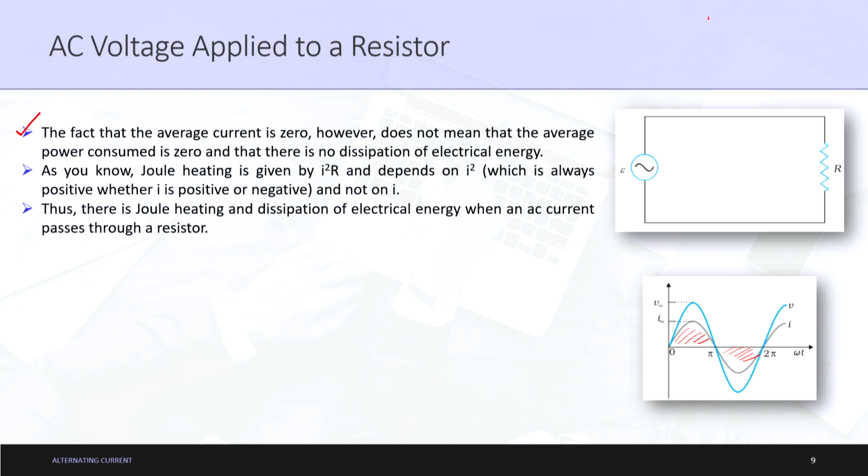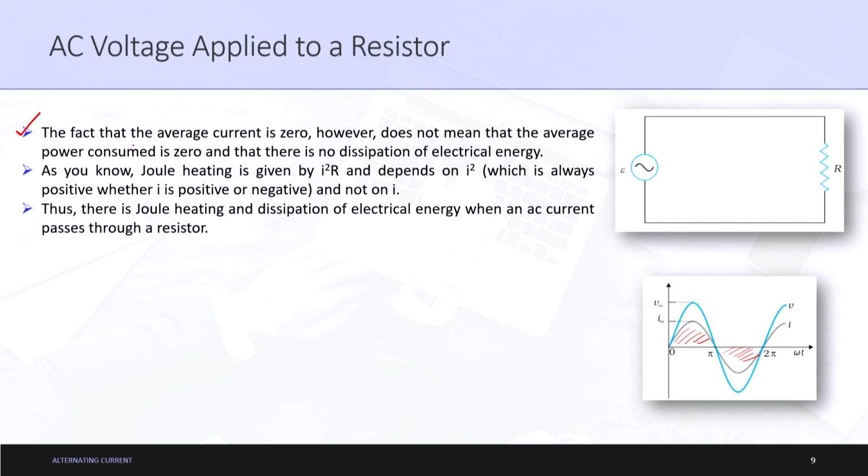If you try to calculate the average value of f, then that average value of f is equal to 1 by T, integral of f dt over the complete cycle. I will explain how this comes, and then we can see that the power consumed is not 0, but the total summation of current is 0.